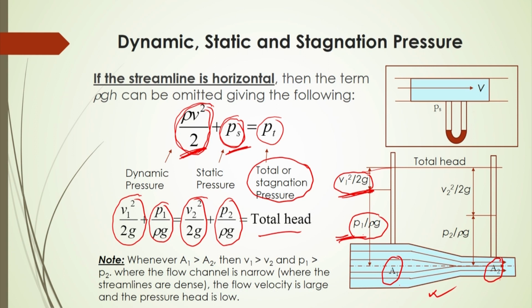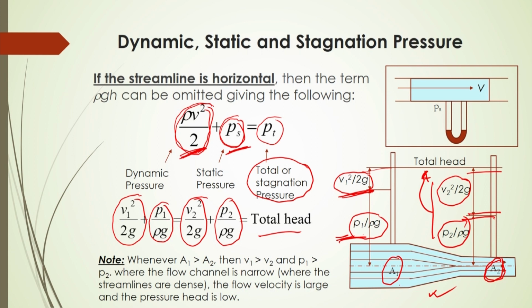And again, if you consider cross section 2 here, there will be a pressure head and a velocity head, and the summation of these two heads will be equal to total head. So, this is your principle of energy. We can say that total head in this case will remain constant.